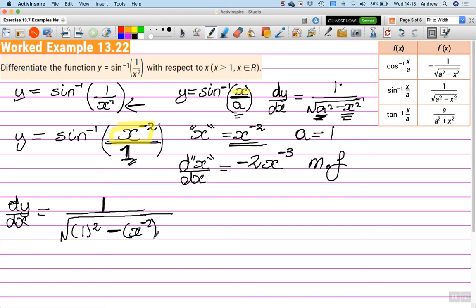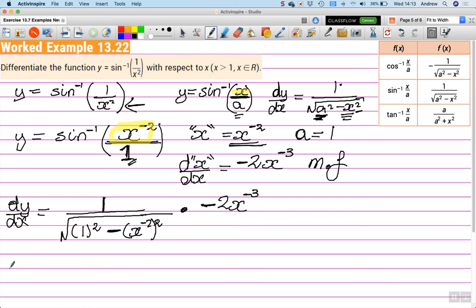And what are you doing to that value of x? According to the formula, you're squaring it. And at the very end, we then multiply by the multiplying factor, which is minus 2 on x to the power of minus 3. So what we need to do now is a little bit of tidying up.